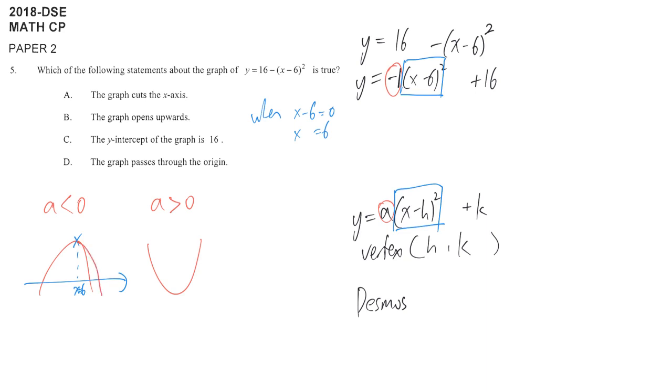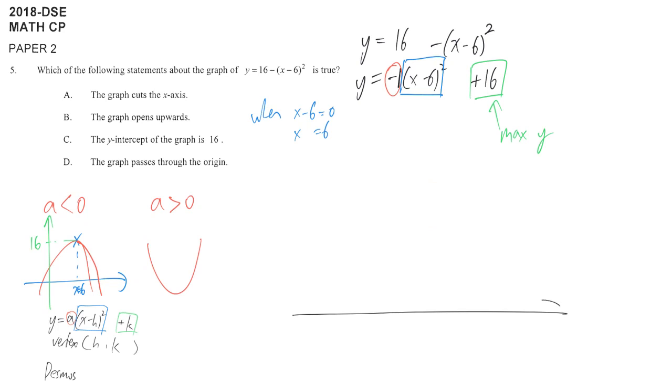And then they also give us the y coordinate, which is the maximum possible y. Any other x input will make the height lower, but its maximum height is 16.